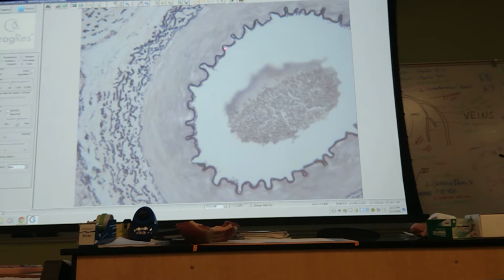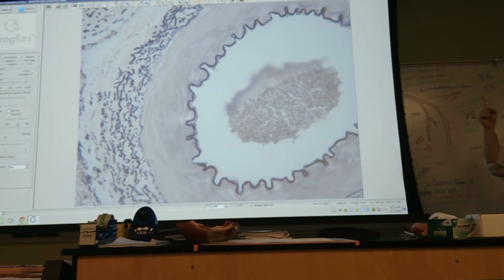Sometimes it seems like it disappears. Sometimes it's not even obvious at all. But that's basically what it is. It's a single layer of flat cells that actually is inside the internal elastic membrane. Together, simple squamous epithelium plus internal elastic membrane equals tunica intima.